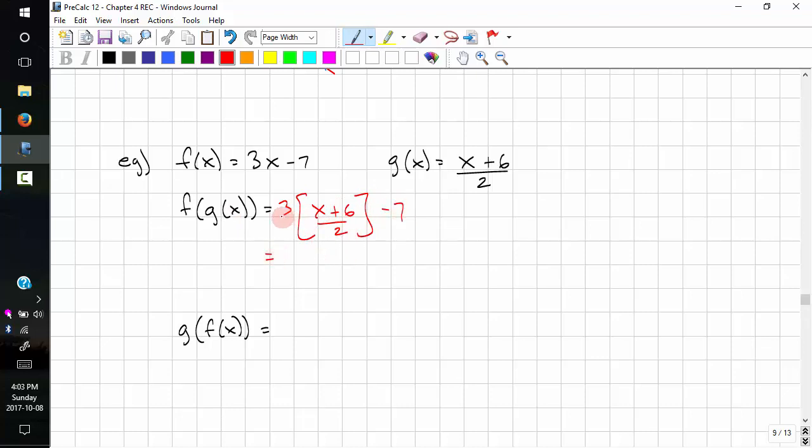So we distribute this, we get 3x over 2, and we get 6 over 2 times 3, that's 9. And this does not equal x. This is 2, this needs to be 0. So f and g are not inverses.